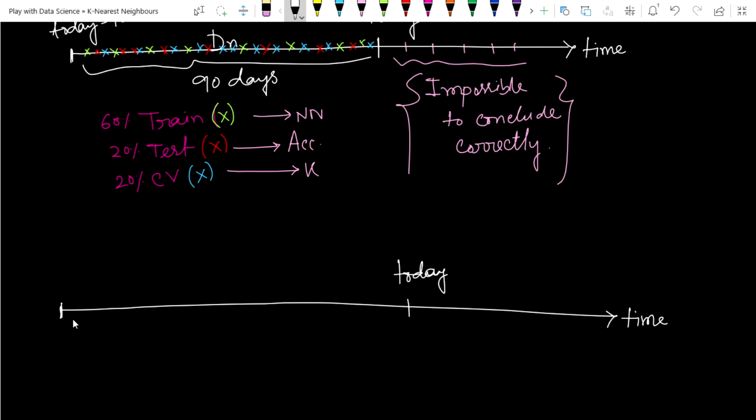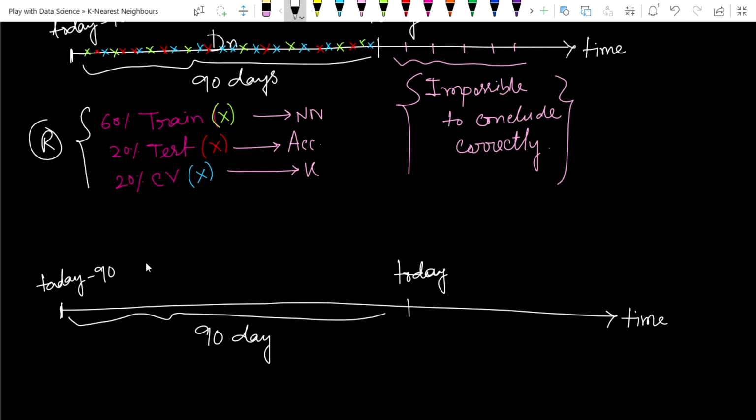This is the 3 months, or 90 days, of data we have collected, so this timestamp will be today minus 90. But instead of splitting randomly, we use green for the train data set and take 60% of the data based on time.